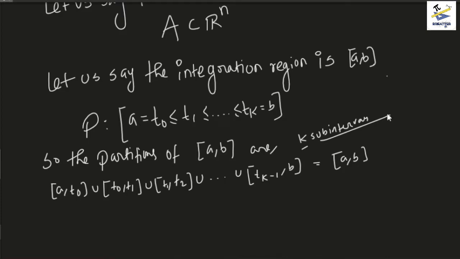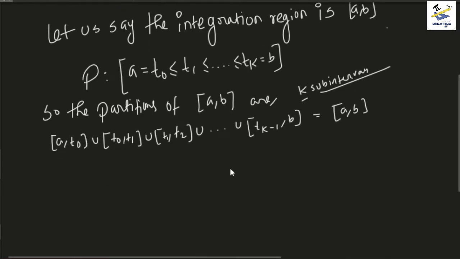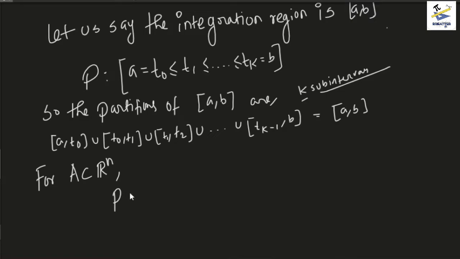So we can write for A, which is a subset of R to the power n, P is basically the partition P1 cross P2 cross P3 and all the way up to Pn, where each of the Pi's are themselves partitions, okay? And this A is a closed rectangle, as I have already told, so all of these Pi's can be partitioned, right?